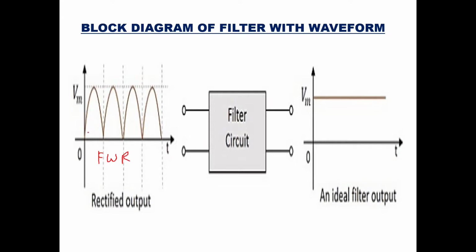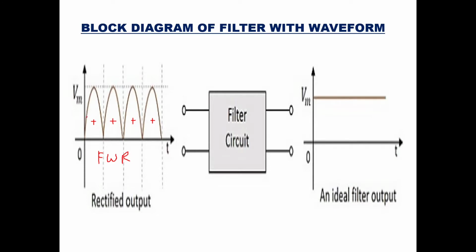You can see only positive half cycles. No doubt this is a unidirectional voltage, but it has an AC component in it, which is called ripple.